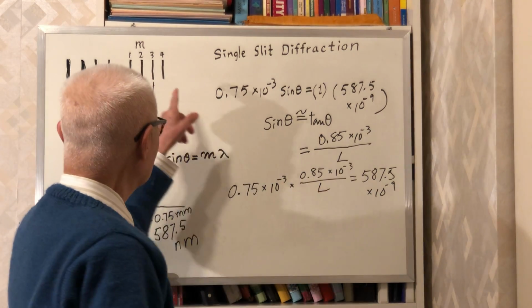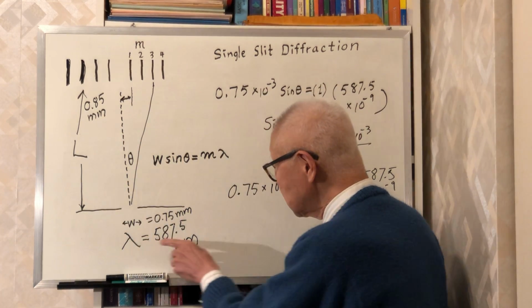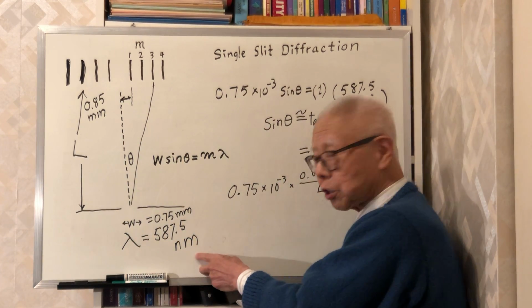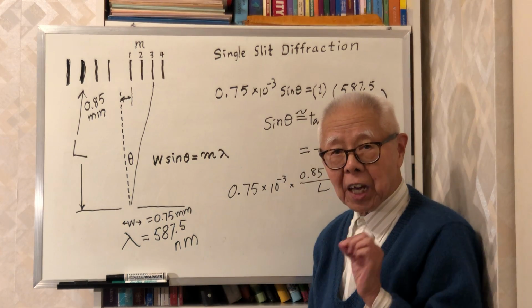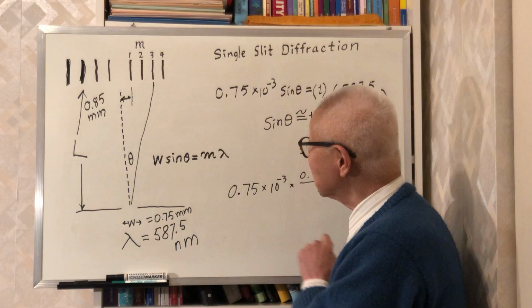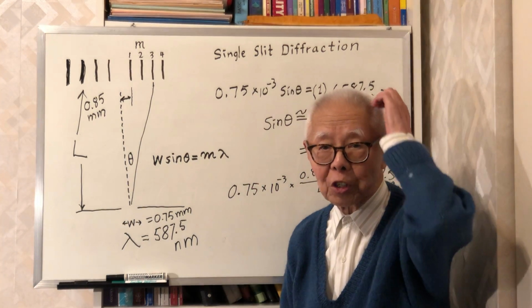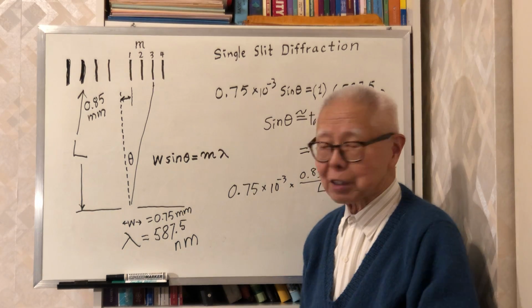Remember, nanometer: nano is 10 to the negative 9th. Millimeter, of course you know, is 10 to the negative 3.